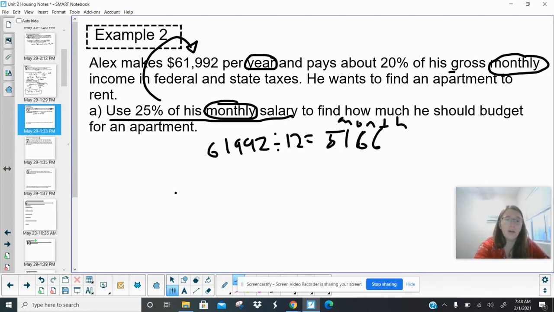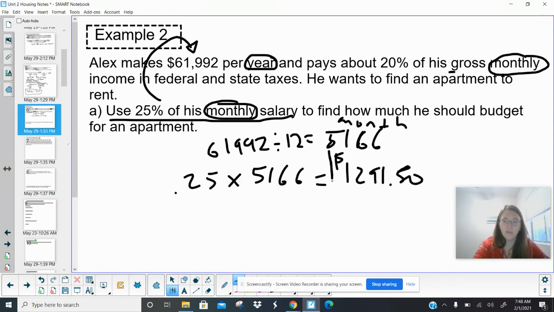So he wants to go, okay, I'm going to budget 25%, so 0.25. And he can look for apartments around this cost. So 1291.50. He can look for apartments around that cost because that is 25% of how much he makes in a month. So say he gets an apartment that costs exactly this much.